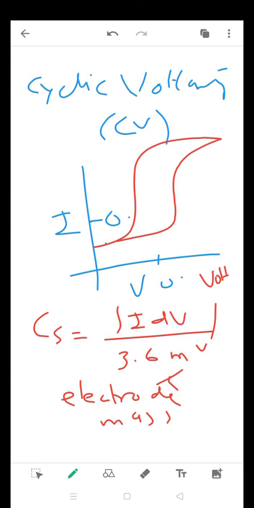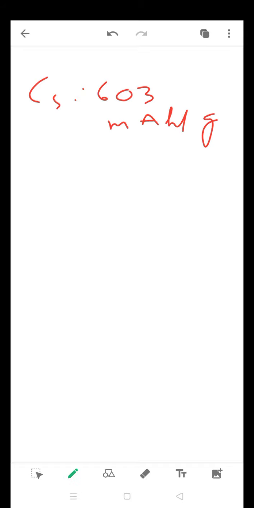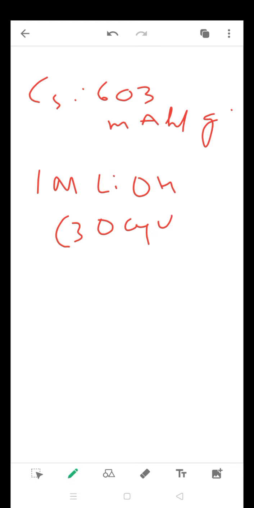Okay. So the specific capacitance came out to be 603 mAh/g, milliampere hours per gram, and this was very stable because it was also cycled in 1 molar lithium hydroxide solution, and 30 cycles were taken, and it was shown that the performance was quite stable.